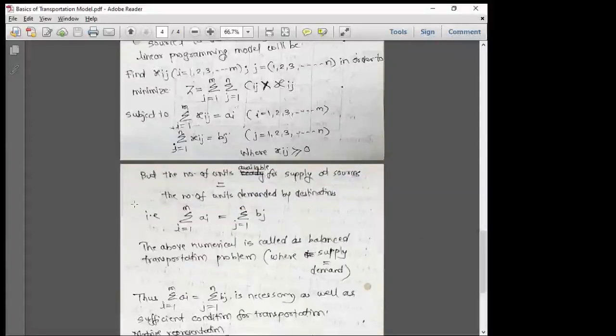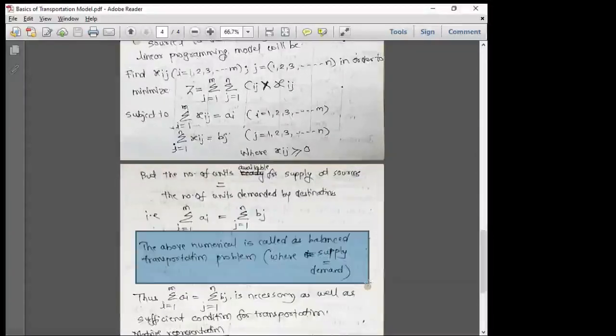I can eliminate these two xij's, and what I can write is the summation of all this ai, that is the total supply, is equal to the total demand. This we have already seen. I've just represented it in the form of a model, and it is called the balanced transportation model, where supply is equal to demand.